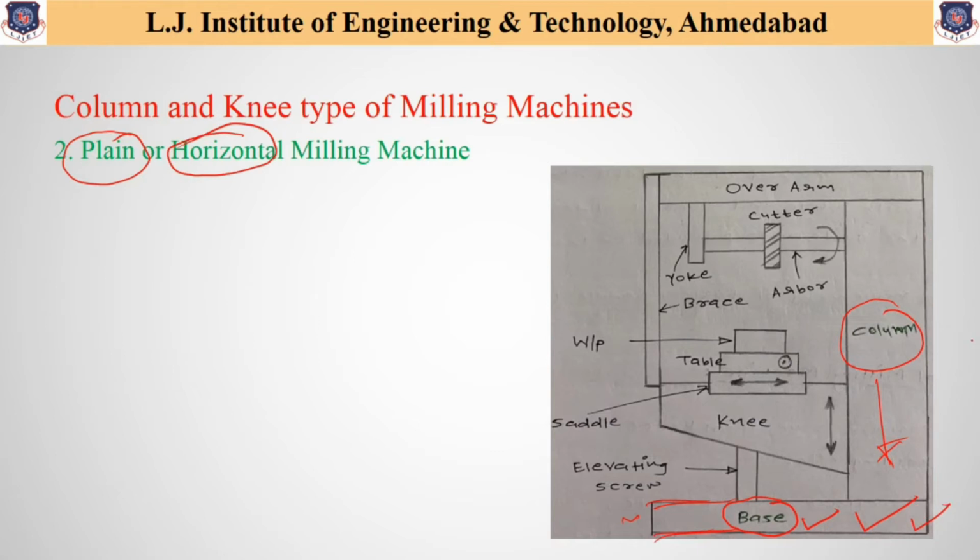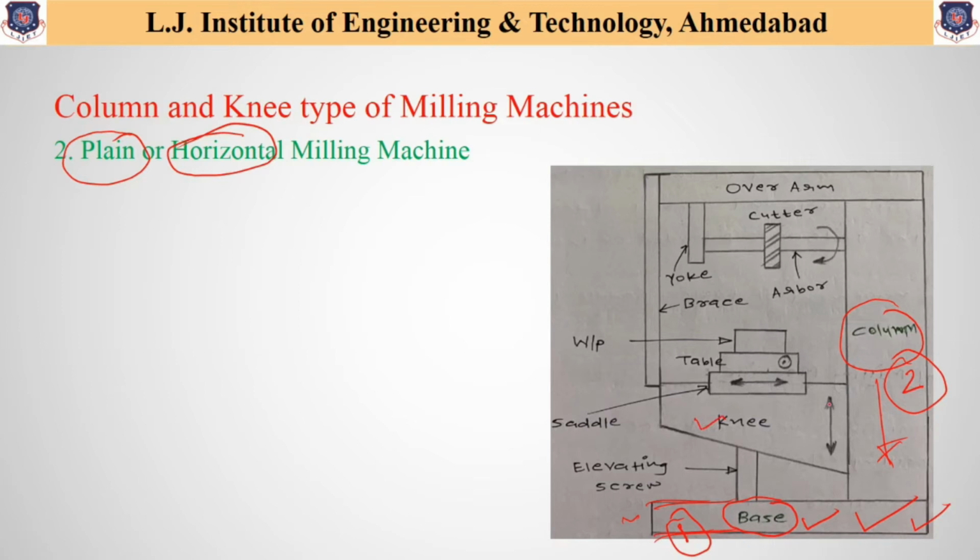And as we can see, the column shown over here is screwed to this base. So our next part is the column. The first major important part, that is the base, is available in all column and knee type milling machines. Now the second member is the column, and it has vertical parallel guideways on the front face in which the knee slides up and down, which can be seen from here.